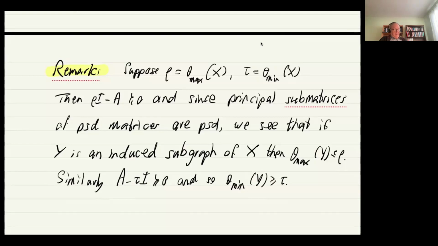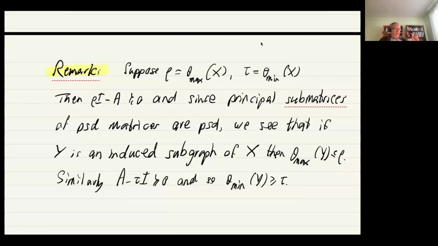And for the second result, you look at A minus tau I. That's again positive semidefinite, all its eigenvalues non-negative, and you deduce this. Okay. The Perron-Frobenius theorem tells you that if x is connected, then this inequality is strict, but I don't think we'll need that for the time being, so I won't worry about that.